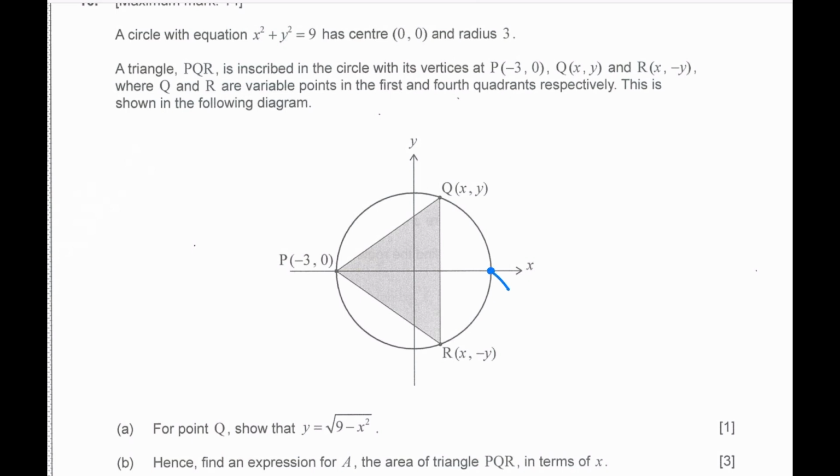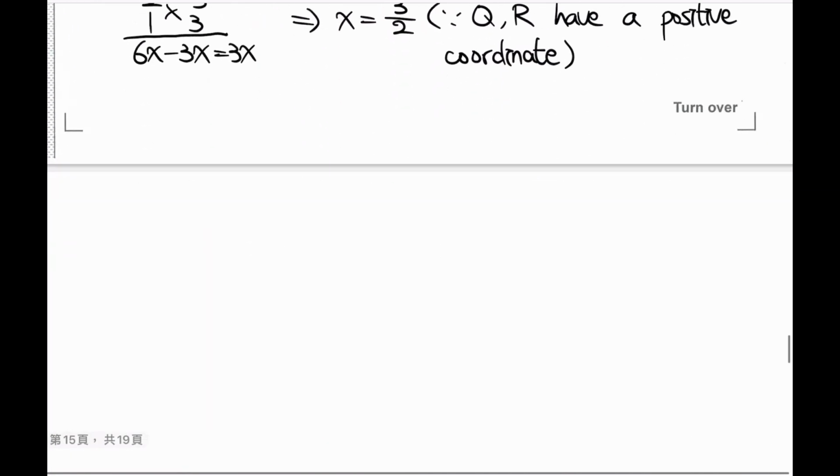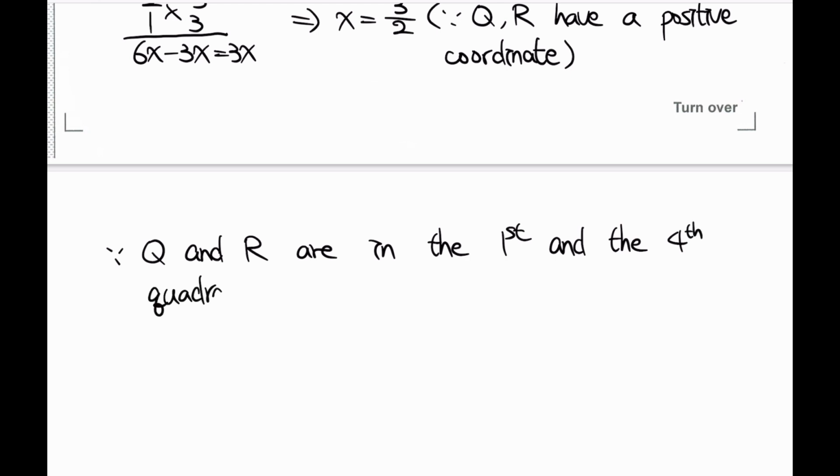The rightmost point here is (3, 0). Therefore, x has to be greater than 0 and less than or equal to 3.